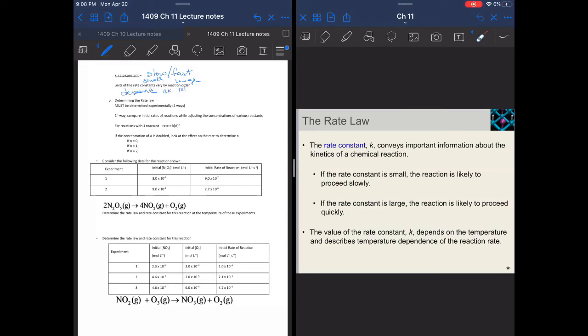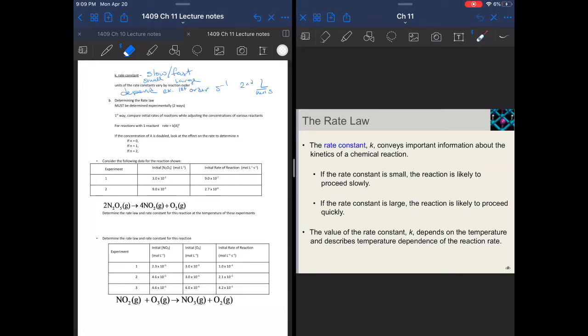All right, so for example, a first order reaction would have units of K that would be inverse seconds. A second order reaction, I have it written down. Oh, here we go. Would be liters over moles seconds. Now, the units of K are pretty much just whatever they need to be to make the equation make sense. You don't have to memorize them, but it is important to pay attention to your units.